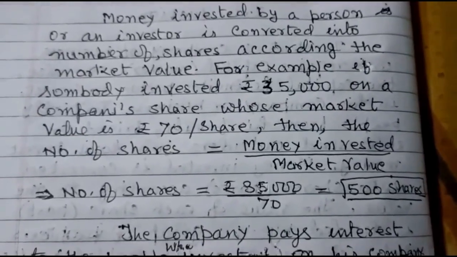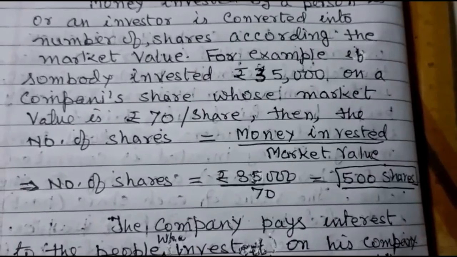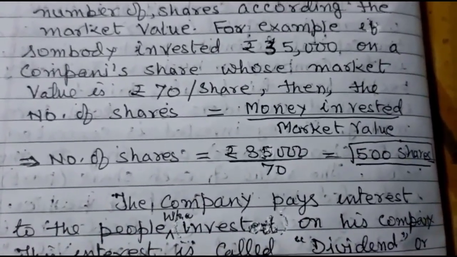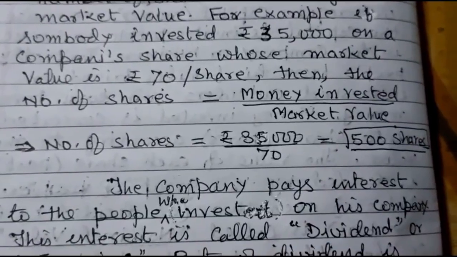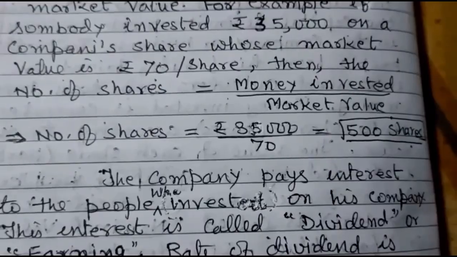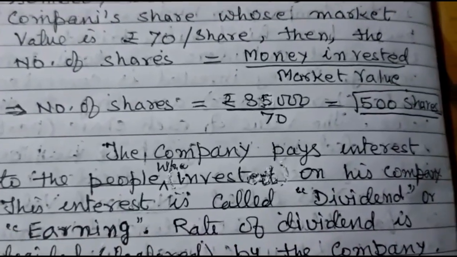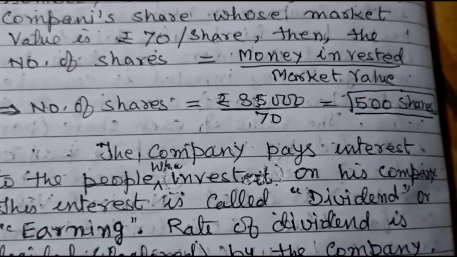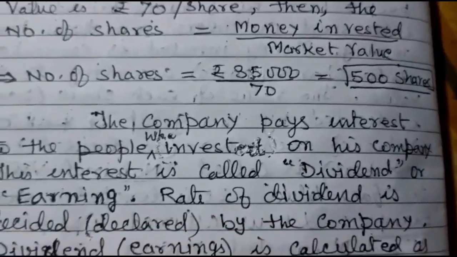For example, if somebody invested rupees 35,000 on some company's share whose market value is rupees 70 per share, then the number of shares equals money invested divided by market value. That is, number of shares equals rupees 35,000 divided by 70, which is equal to 500 shares.